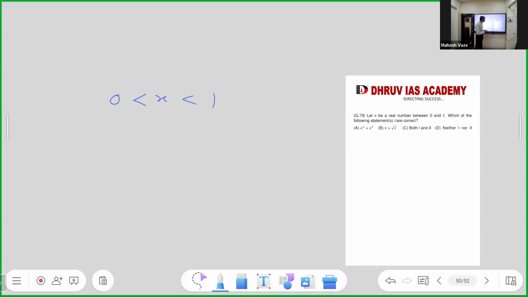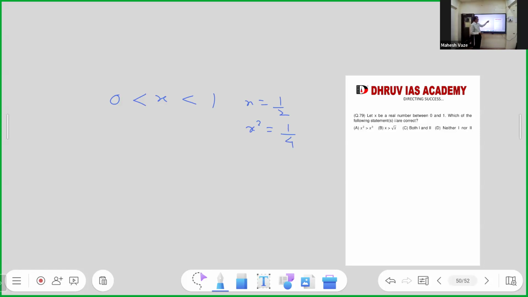So now the first one: x square is less than x cube. Suppose x is in this range, and you take the value as 1/2. Then x square will be 1 by 4, which will be less than this number.